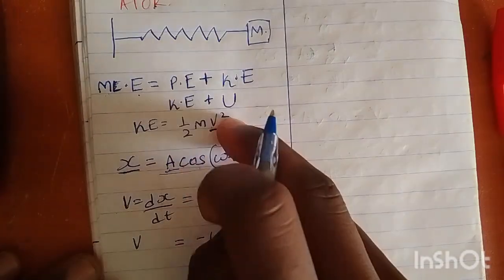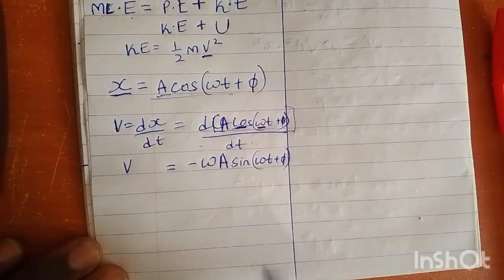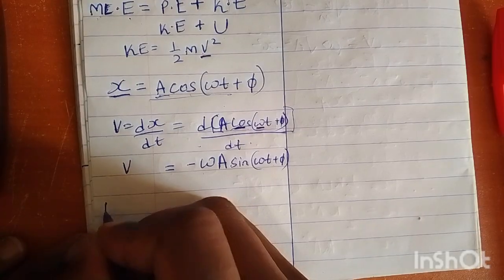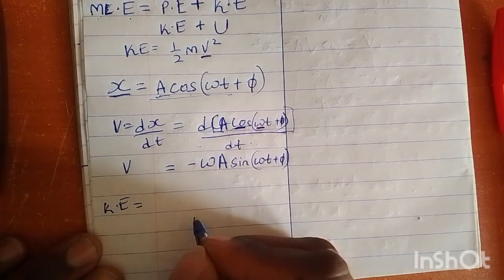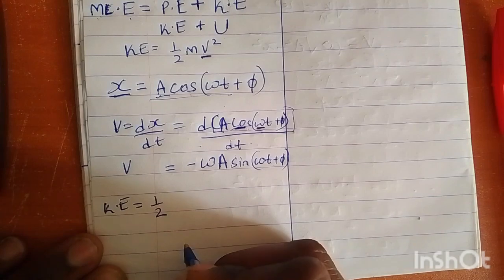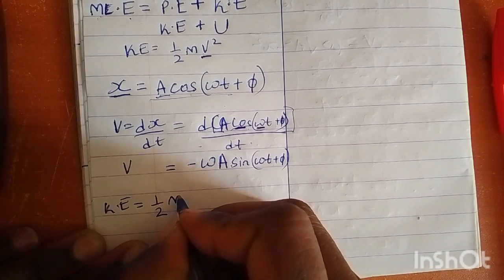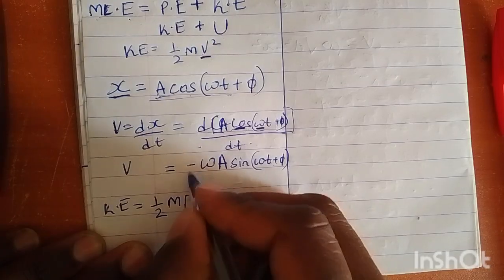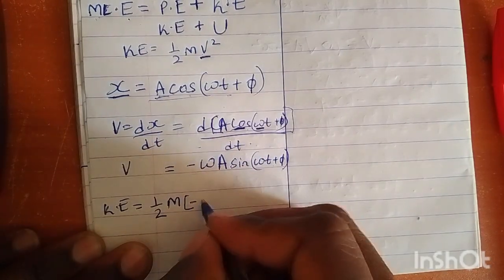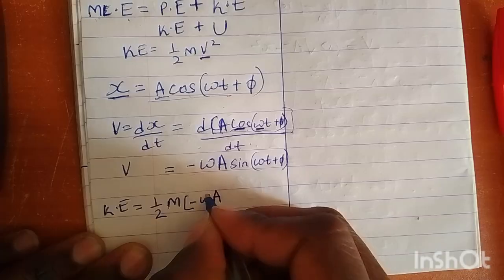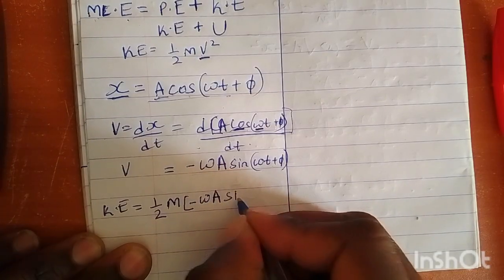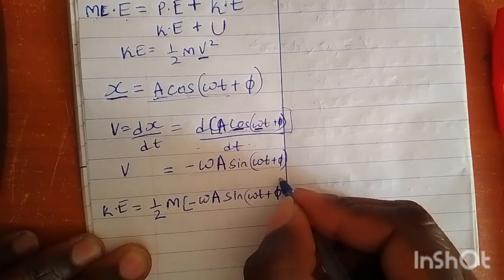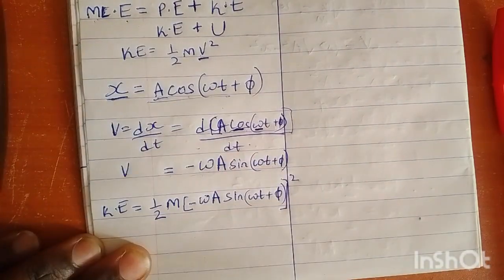Now replacing this in our equation for kinetic energy, what do we get? We get that kinetic energy is equal to half the mass times this function of velocity, omega A sin(omega t plus phi), and this is squared.